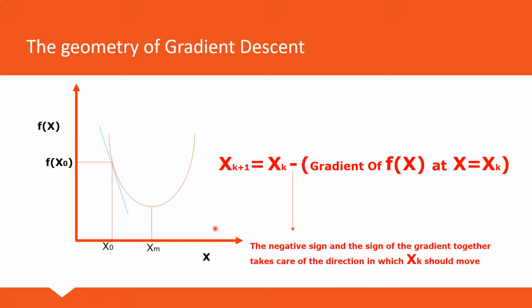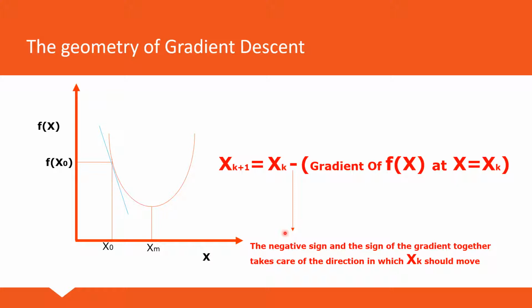If we write this in a generic form, at the k plus 1th step of the iteration, xk plus 1 should be nothing but the previous value of x in the iteration stage, xk, plus the magnitude of the gradient of the function f at x equal to xk. This is how we keep on updating the value of x.